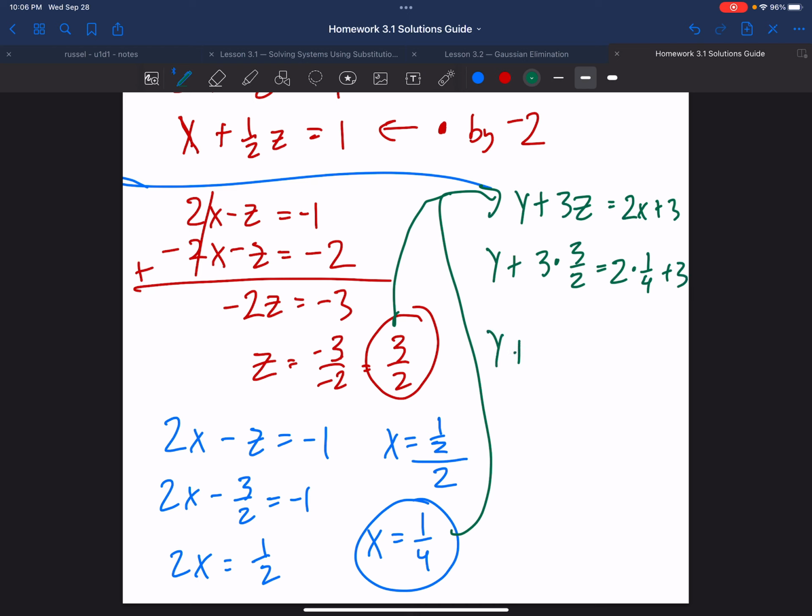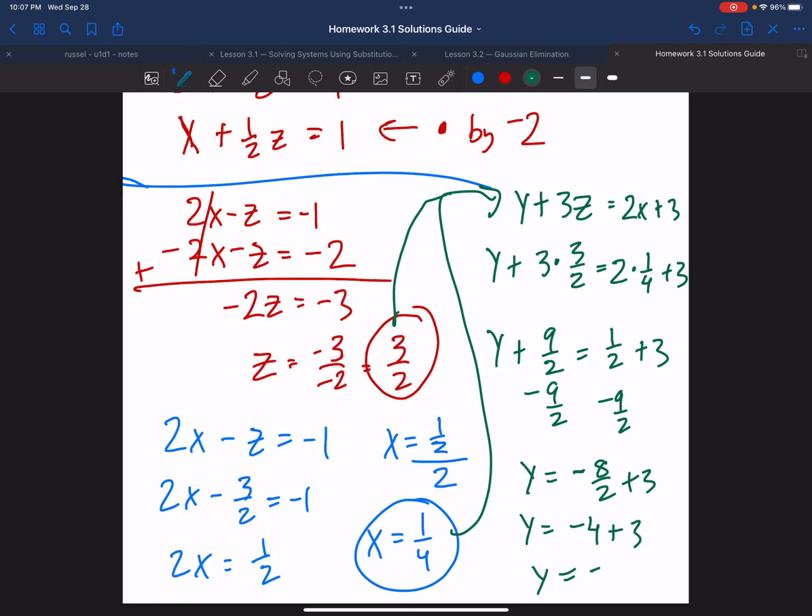So you get y plus 9 halves equals 2 times 1/4, which is 2/4, which is 1/2, plus 3. So let's subtract 9 halves from both sides. I get y equals 1/2 minus 9 halves, which is negative 8 halves, plus 3. But negative 8 halves is just negative 4 plus 3, so y equals negative 1.